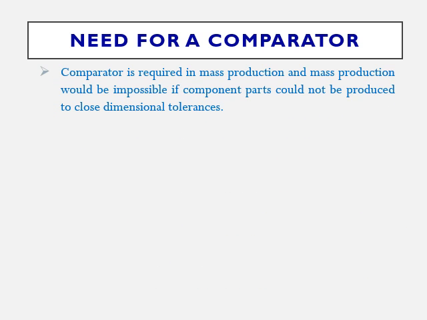So why are comparators required? Though there are many measuring instruments, why is the comparator required? It is required especially in mass production, and mass production would be impossible if the components could not be produced to close dimensional tolerance.